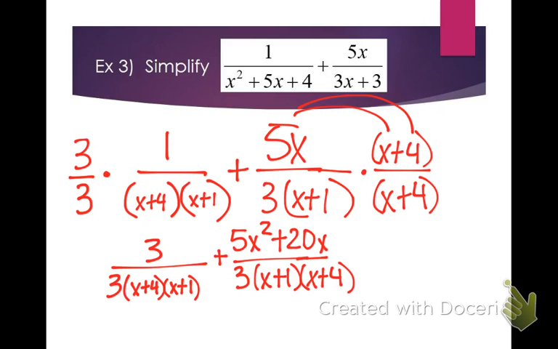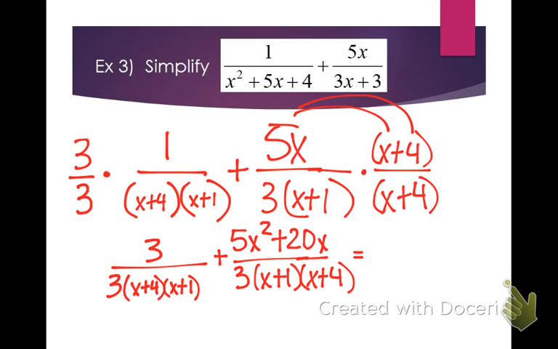Now when we go to multiply this, is there anything that we're going to be able to combine like terms in my numerator? So we're adding this, so can we add 3 to a 5x squared or to a 20x and combine like terms?